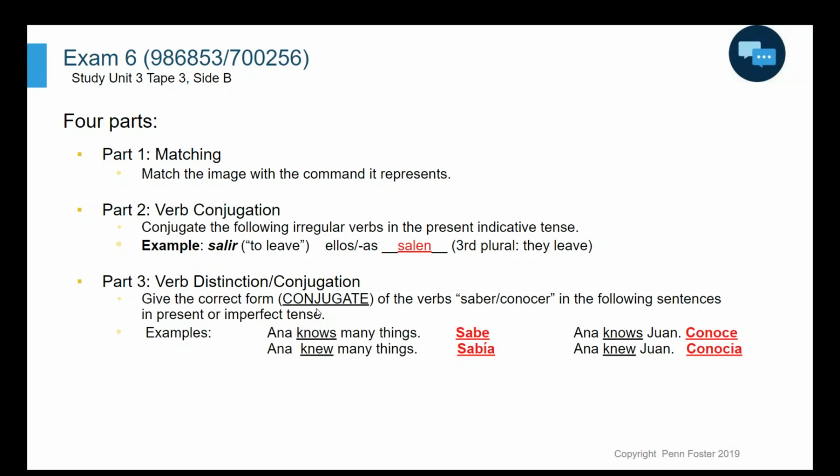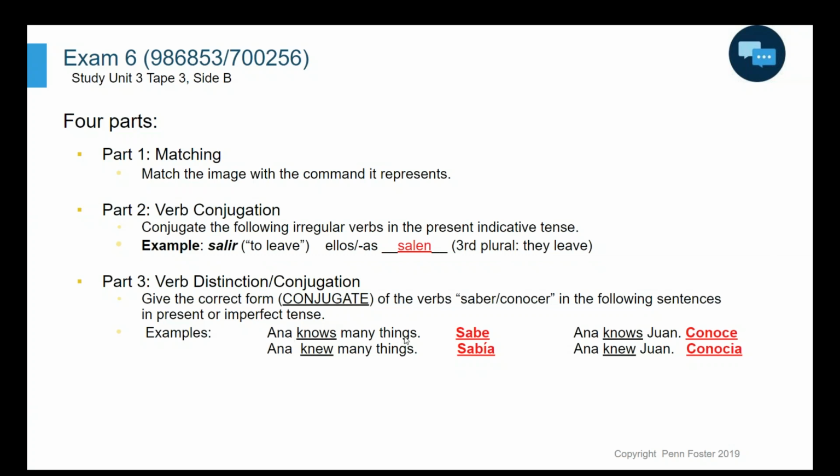So the first thing to know is with saber and conocer, they are used differently depending on context. So when you use saber, that's if you know something for certain or as a fact, or you know how to do something. You would use conocer in instances of if you know someone or something, say as an acquaintance, or you're familiar with someone or something. So we gave you a couple examples here.